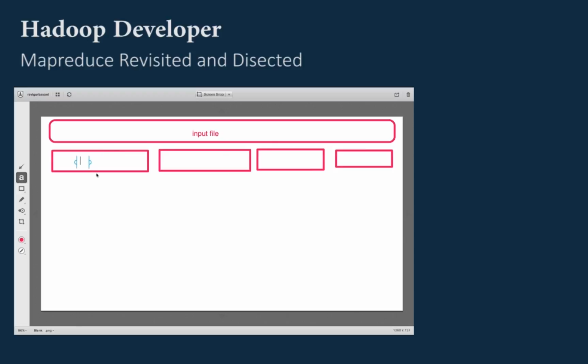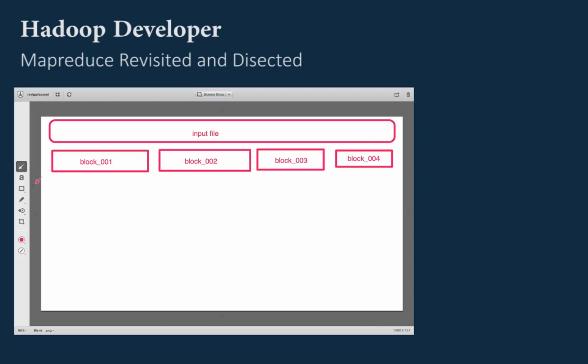So input file is broken into blocks, BLK 001, 002, 003 and 004.